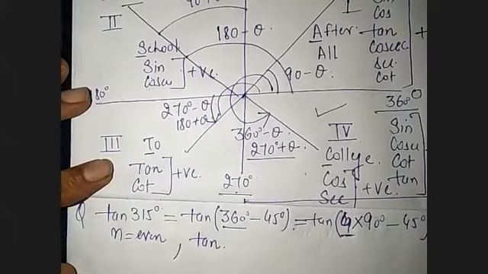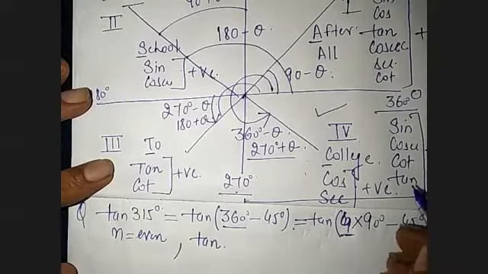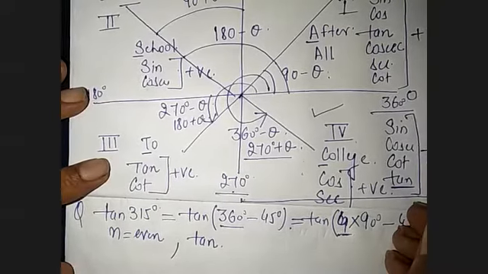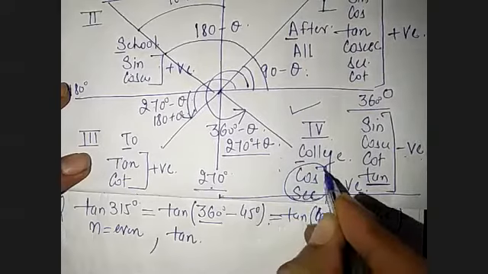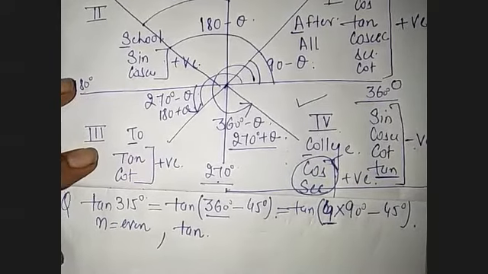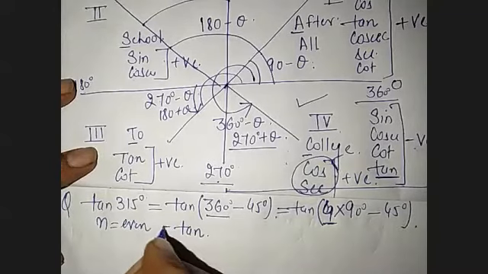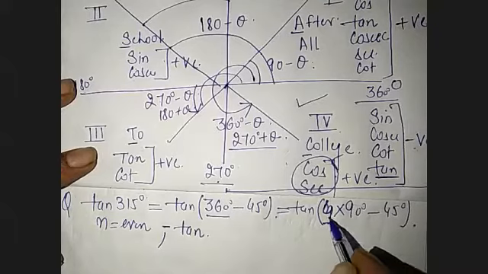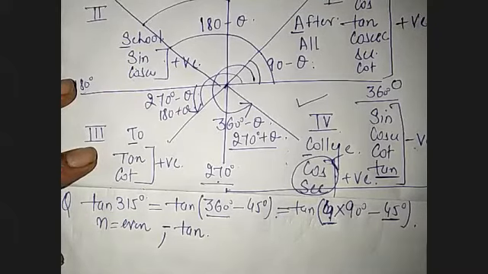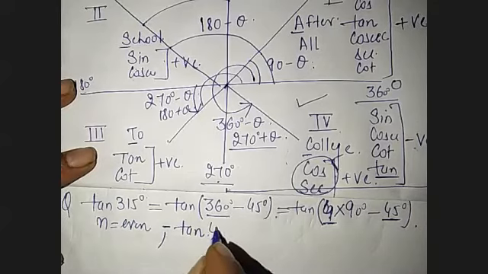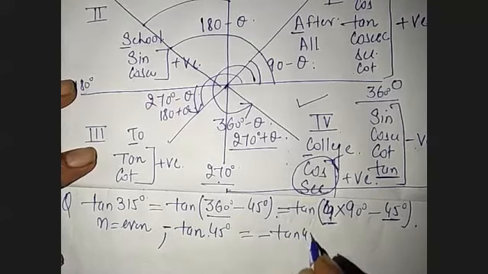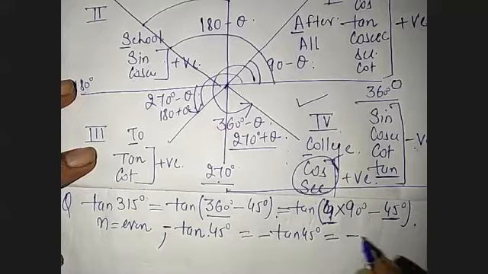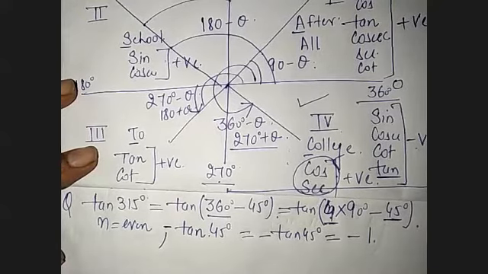In the fourth quadrant, tan is negative, because only cos and secant are positive. So we prefix it with a negative sign. Even theta will not change the ratio. So it is minus tan 45, which is equal to minus 1, because tan 45 has the value 1.